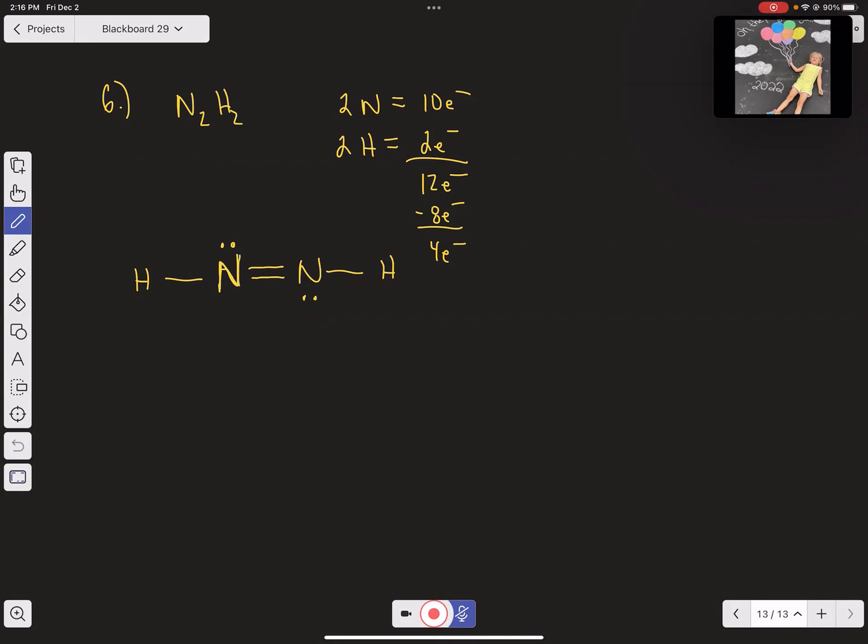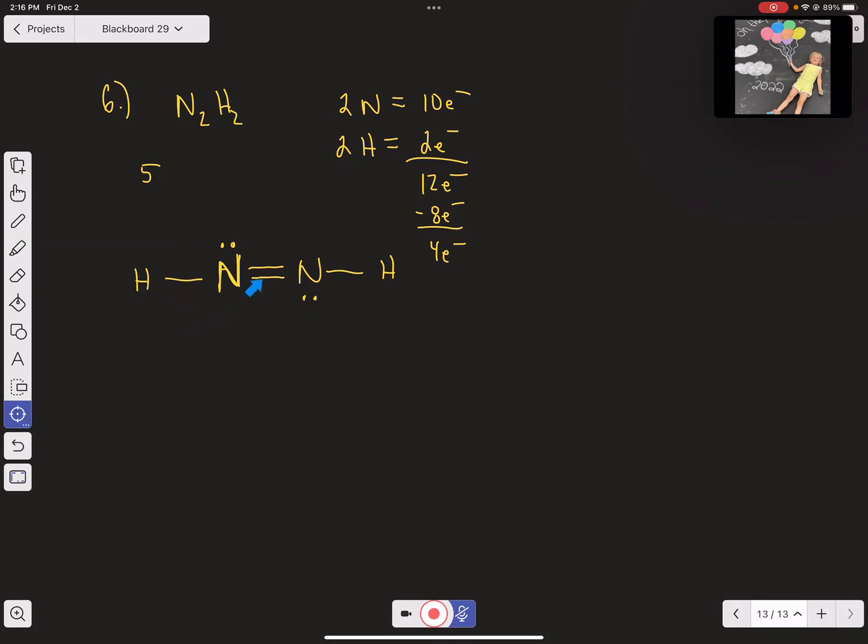So let's check number 1, right? We want to make sure we haven't violated the octet rule. We haven't violated the octet rule. Check number 2 would be formal charge. Nitrogen is group 5. And to figure out how many assigned electrons we have on nitrogen, I'm going to count 1 electron for each bond.